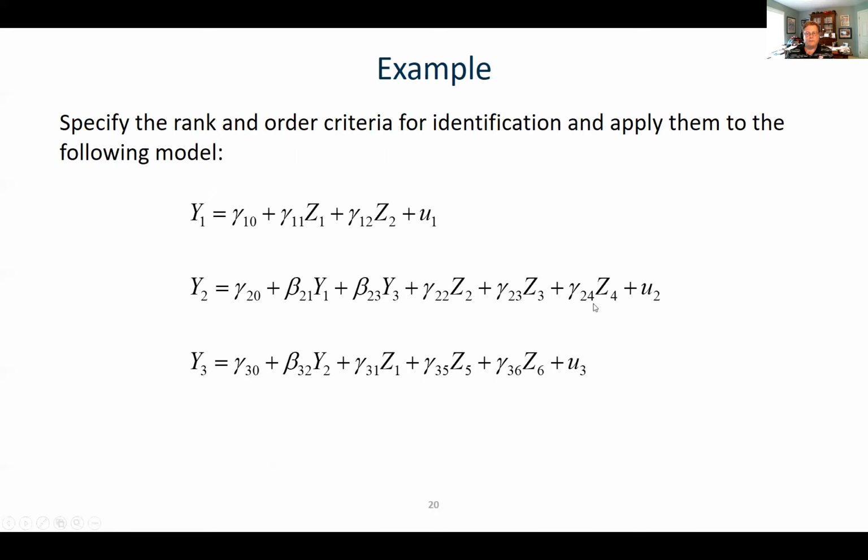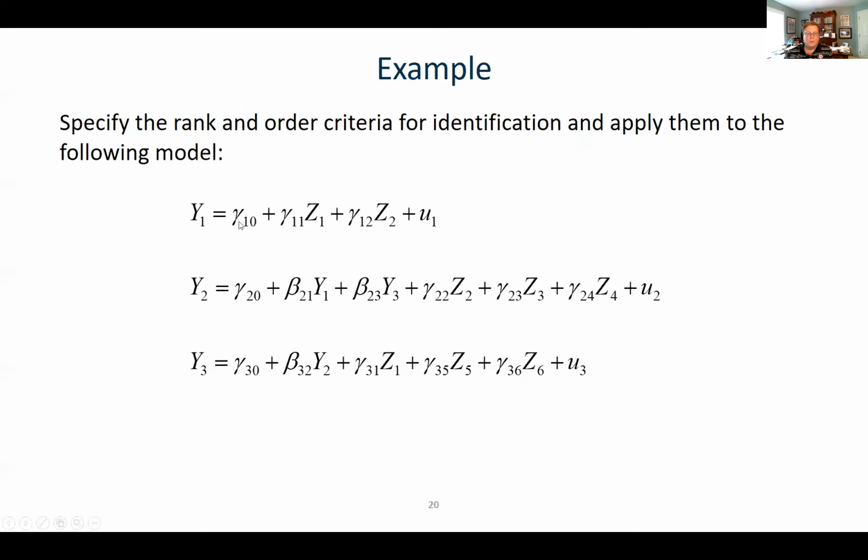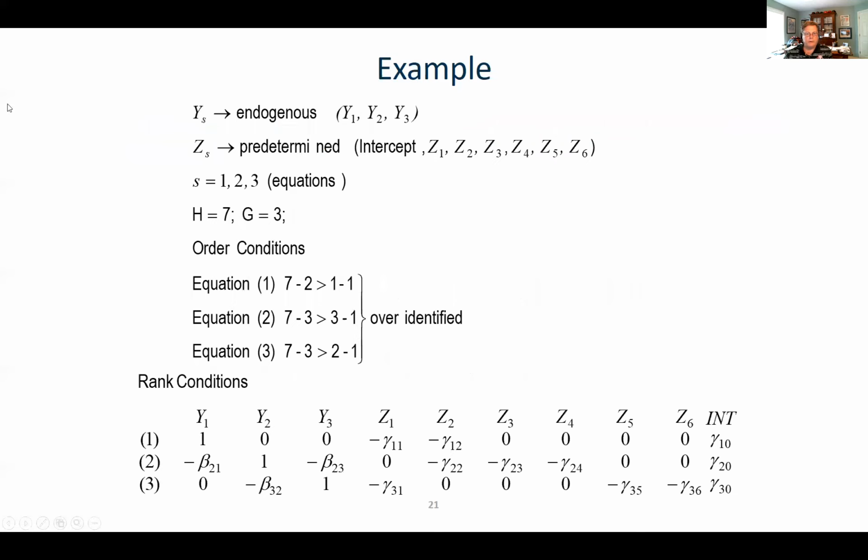That would mean 2, and how many do we have in the way of endogenous variables in the second equation? Well, we have 3. So in this case, we should have 7 minus 1, 2, 3, 4, 7 minus 4 being greater than 3 minus 1 or 2.